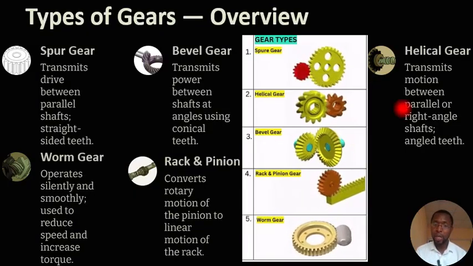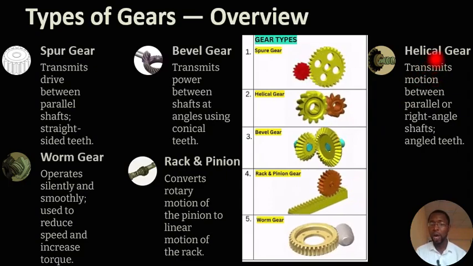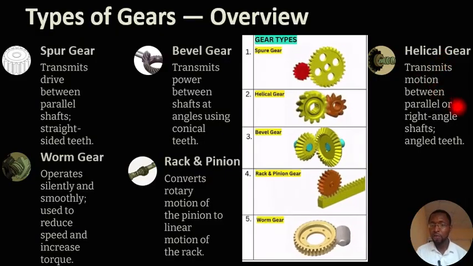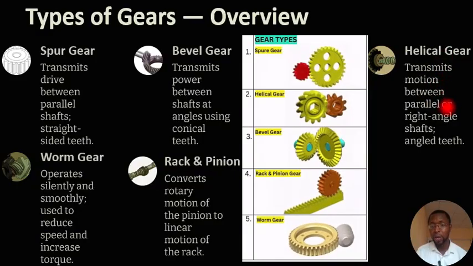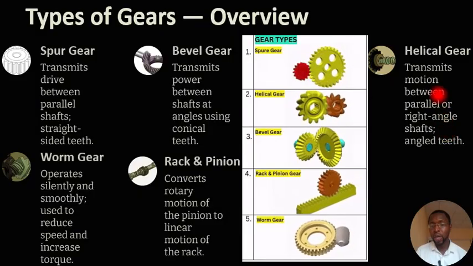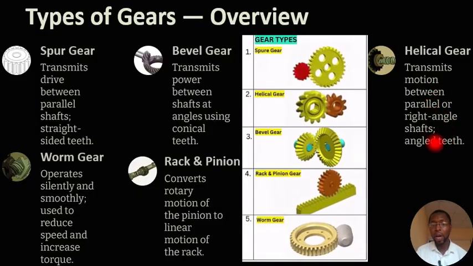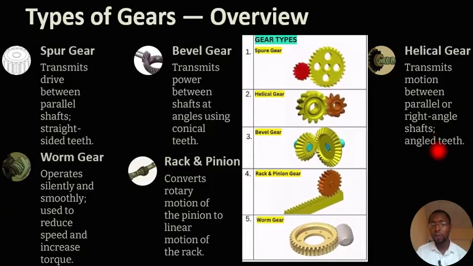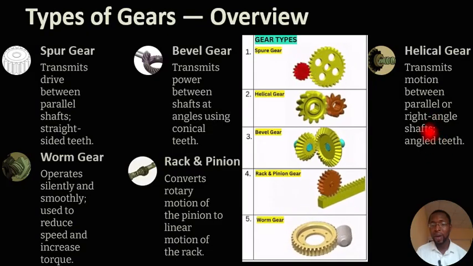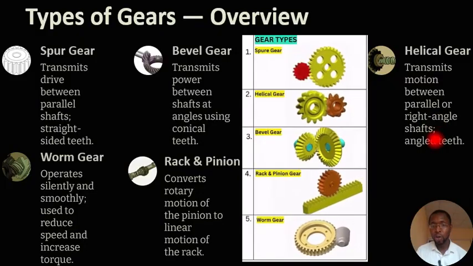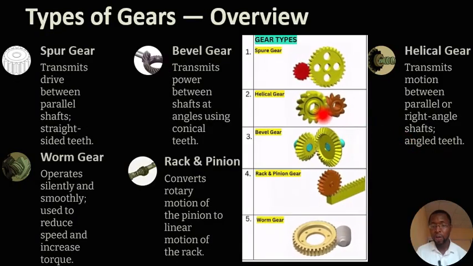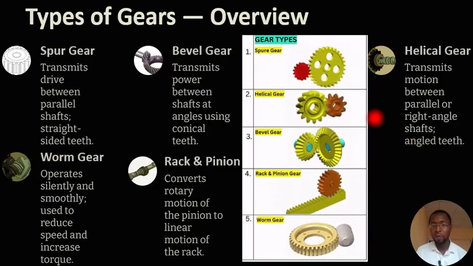And the last but not the least here is called the helical gear. The helical gear transmits motion also, like we have been saying. But in this case, it performs two works. It either transmits motion between two parallel wheels or wheels that are at right angle to each other. When you see gears that are at right angle to each other, you will know that it is a helical gear.